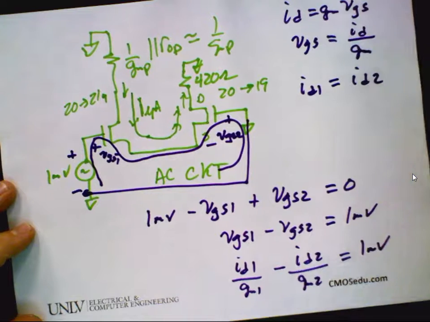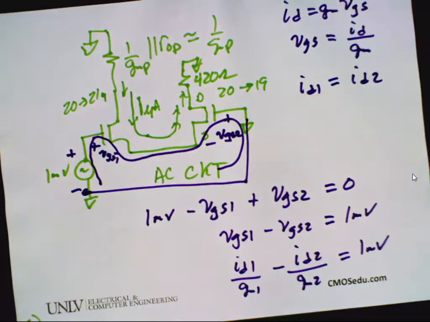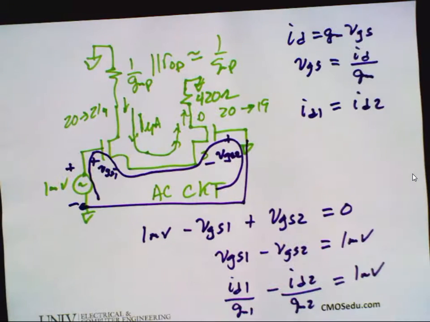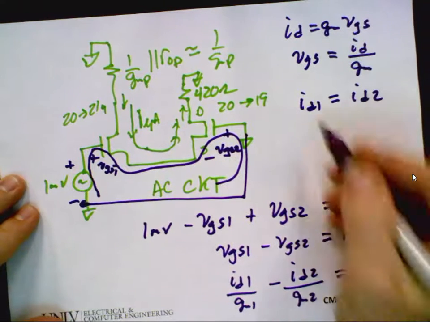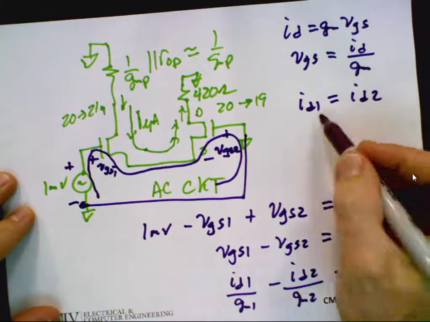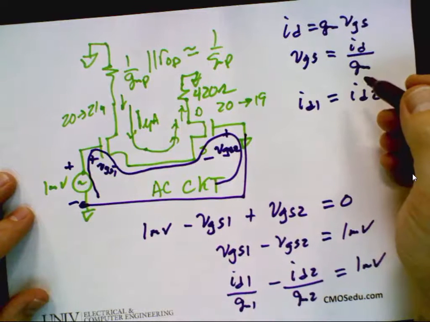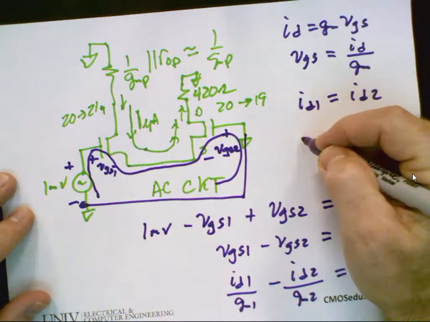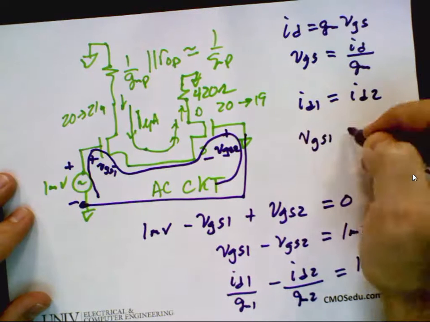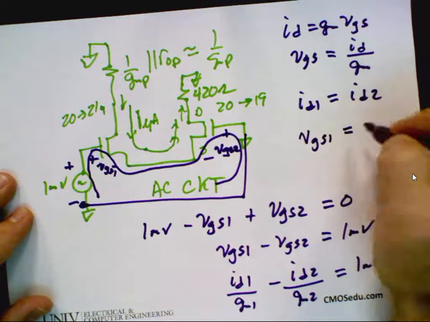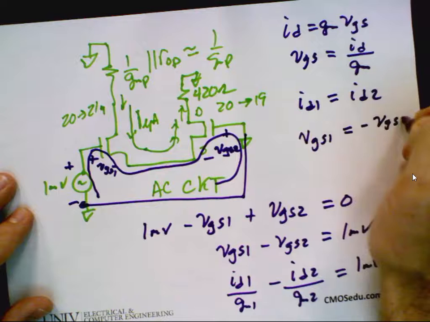Tell me what it is. Well, ID1 equals ID2, but what can I say about VGS1 and VGS2 then? Yeah, VGS1 equals minus VGS2.